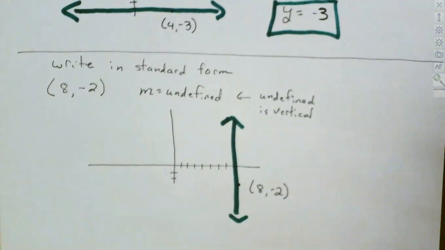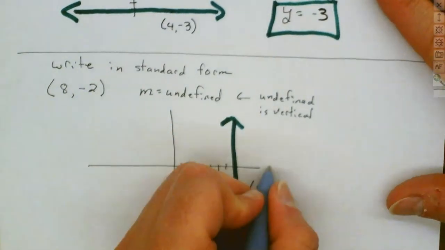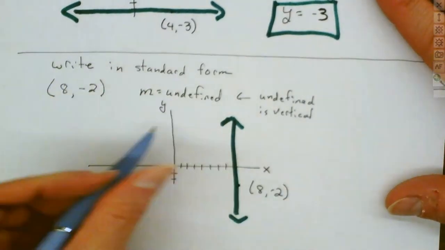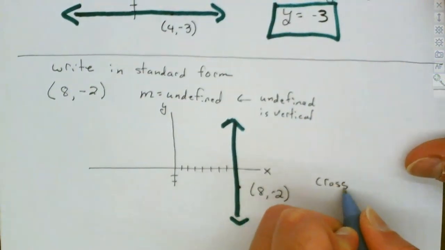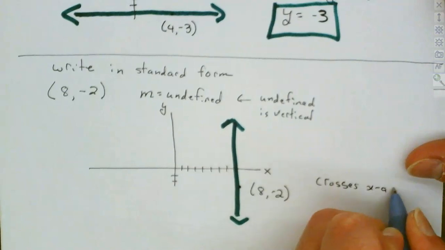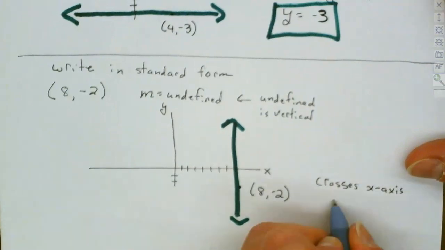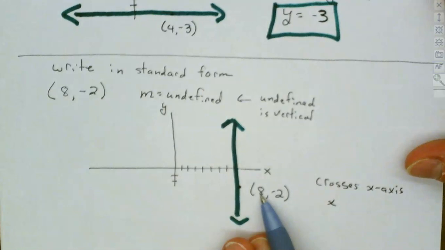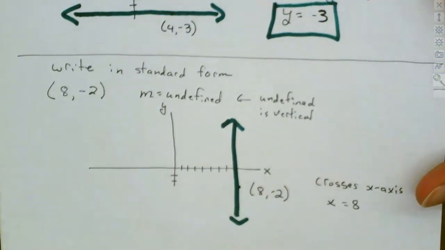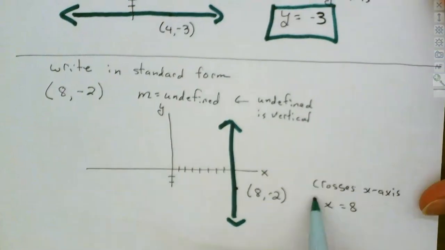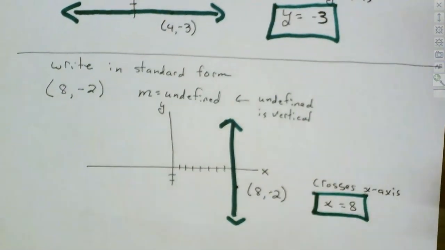And what axis does it cross? Here's your x-axis and here's your y-axis. Crosses the x-axis. And that means it crosses at what? Where does it cross the x-axis at? 8. So what would your answer on that one simply be? X equals what? 8.